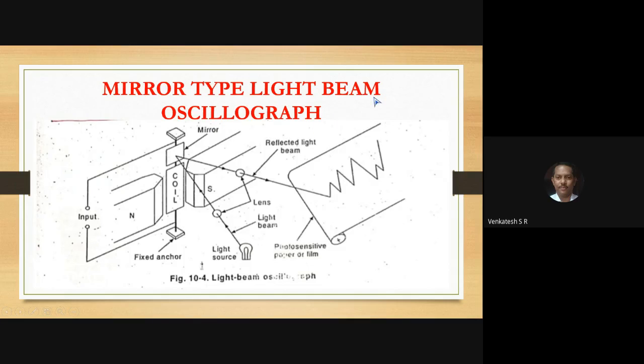The parts used in the mirror type of light beam oscillograph, one by one: there will be two magnets, one facing the north pole and the other facing the south pole. In between the two magnets, there will be a copper coil which is fixed using the anchor. On the coil, there will be a mirror. Then you provide the input to the fixed anchor and the terminal on the mirror.